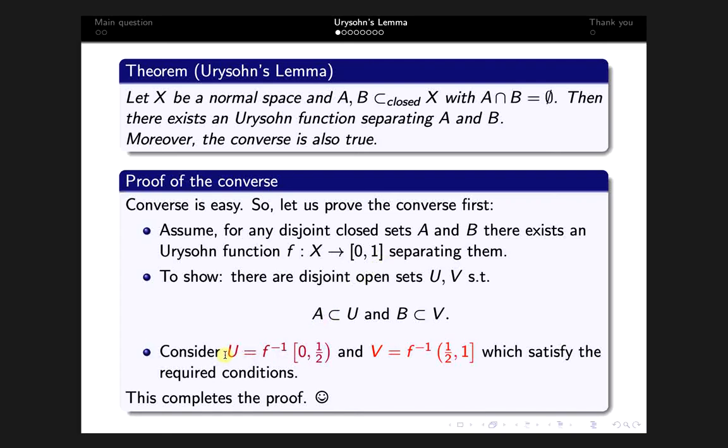So A is contained in U, and similarly B is contained in V. So U and V are open neighborhoods of A and B. They are disjoint because the open set [0, 1/2) is disjoint from the interval (1/2, 1]. Therefore U and V are disjoint. So this completes the proof of the converse part.